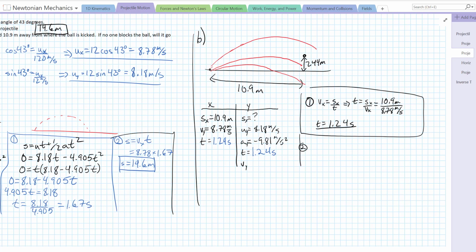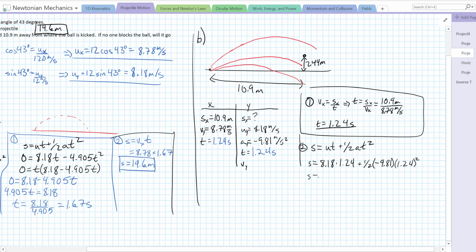So let's solve for that displacement in the y direction. Since I know S, U, or since I want to find S, I know U, A, and T. I'm going to use this equation, S equals UT plus 1/2 AT squared. It's already solved. S is equal to 8.18 times 1.24 plus 1/2 times negative 9.81 times 1.24 squared.